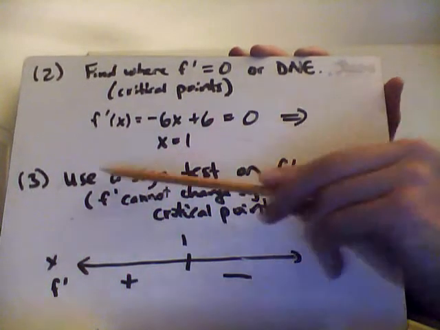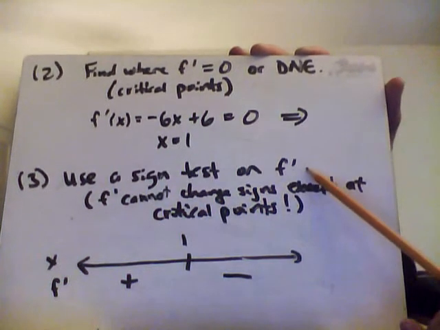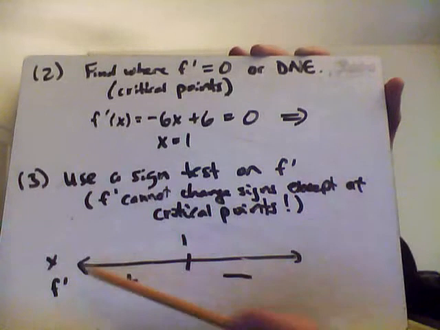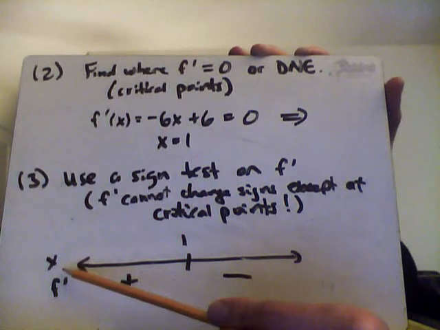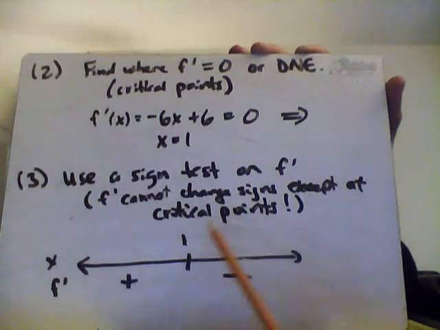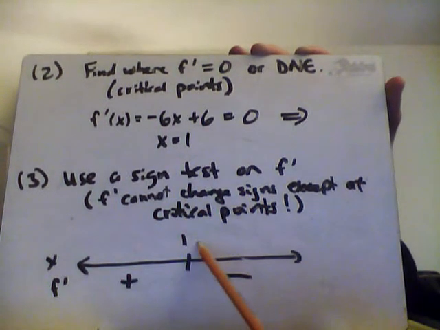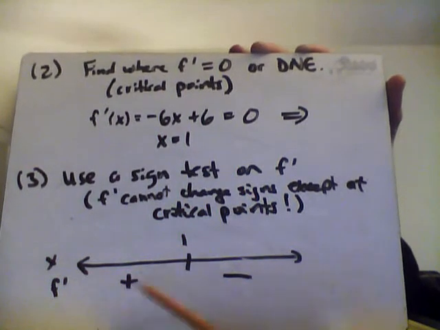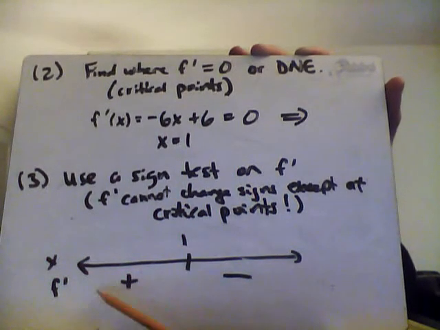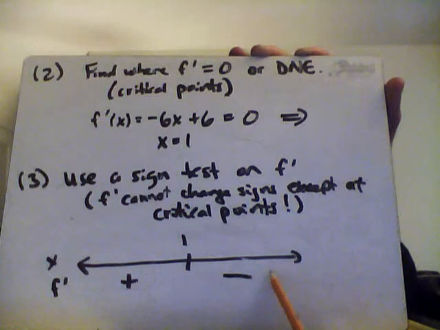Our third step, we need to use a sign test on the derivative. We set up our sign test just like you did with rational functions or with our velocity and acceleration subunit. We're going to put our critical values up on the top. In this case, there's only one of them. And we're going to test our derivative because we want to see whether our derivative is positive or negative.